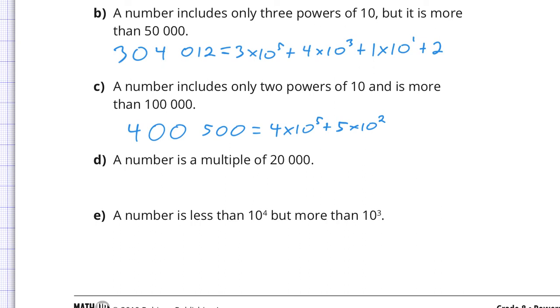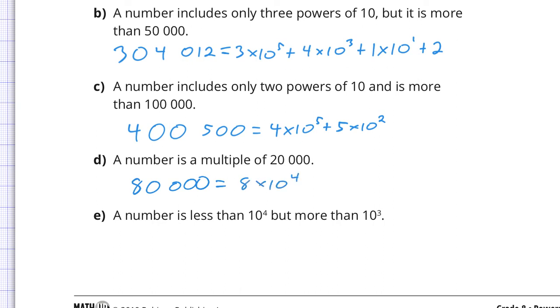Okay, D: a number is a multiple of 20,000. Well, if I can count by twos, I can do this one. 2, 4, 6, 8. I could go on. But I'm going to go with 80,000. Why not? So 80,000 equals 8 times 10 to the power of 4.